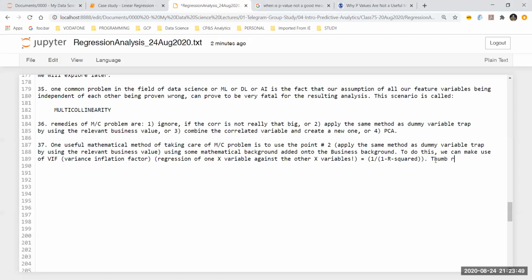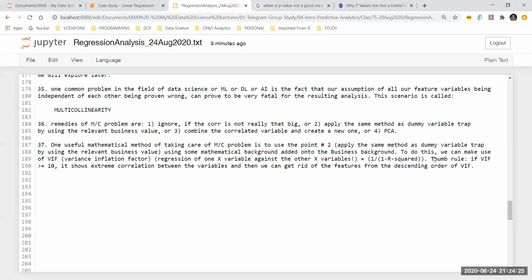Thumb rule: if VIF is greater than or equal to 10, it shows extreme correlation between the variables, and then we can get rid of features in descending order of VIF.